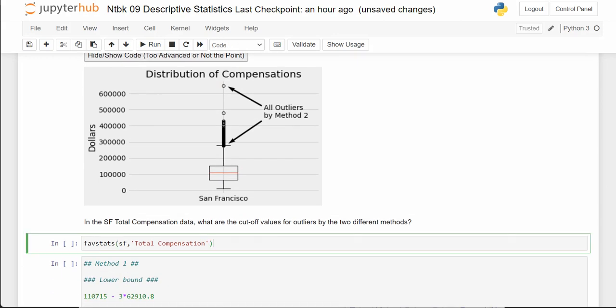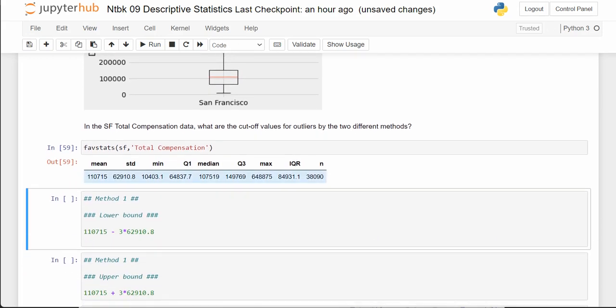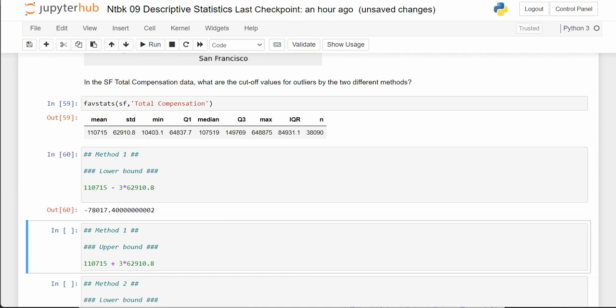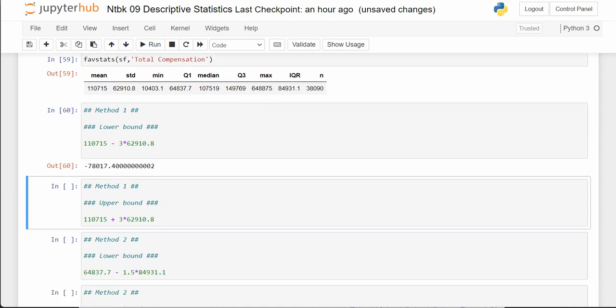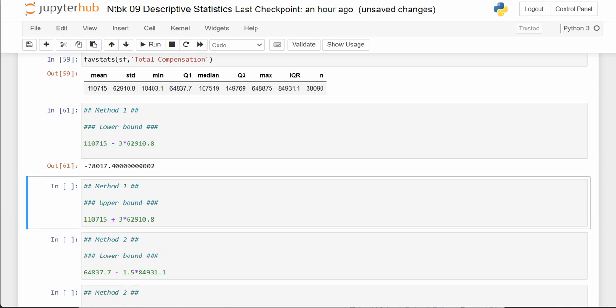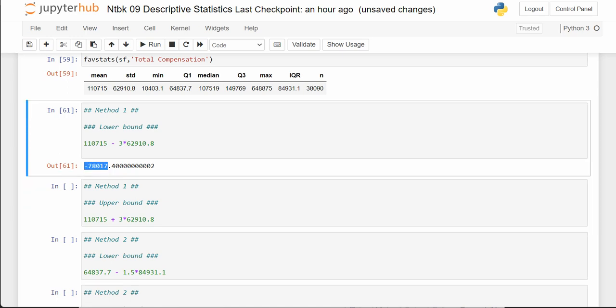Okay. And they're going to do FAVSTATS for the total compensation for the San Francisco employees. Using method 1, you can see, right, that we take Q1 minus 1.5 IQRs. Oh, I'm sorry. Here we're actually taking, method 1 is to go 2 standard deviations above or below the mean. Here we're going 3. So this is the mean minus 3 standard deviations, which is actually a negative number. As bad as the salaries are at the bottom end, they're probably not negative.